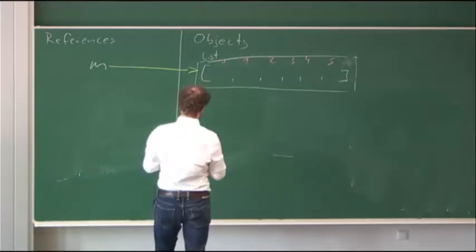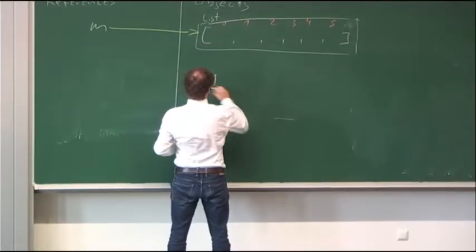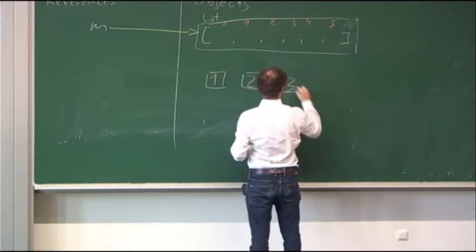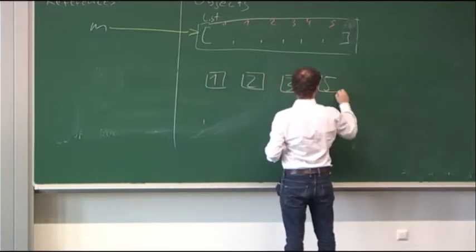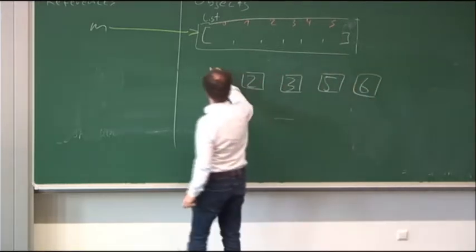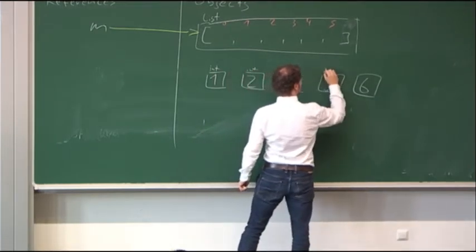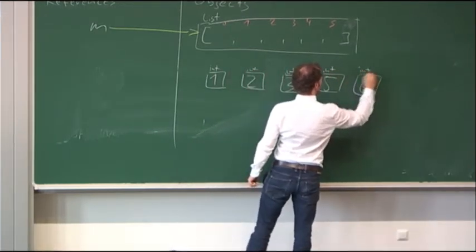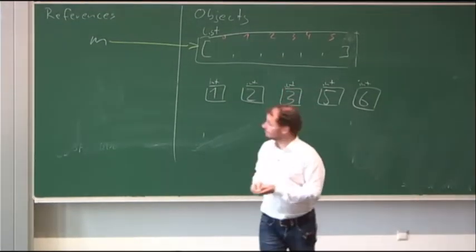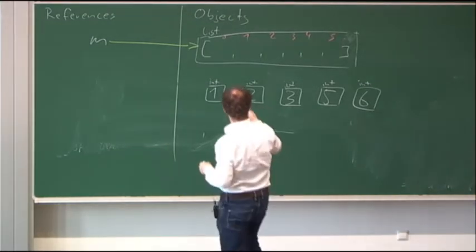So we created further objects, 1, 2, 3, 5, and 6, all of type integer. And then the list pointed to these objects. So the first position pointed to the 2.